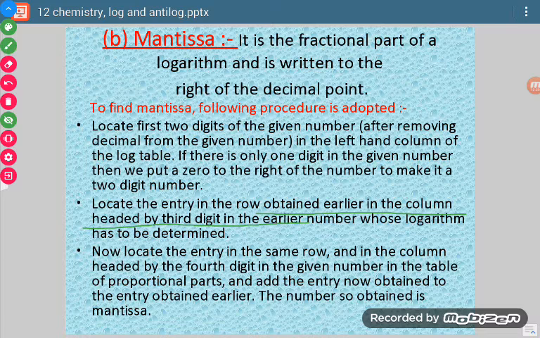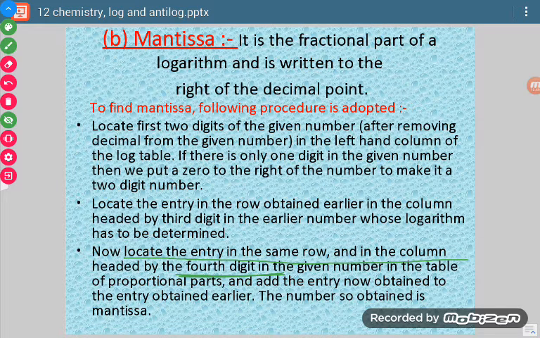What is the value written for the third digit? Okay, now when we have calculated this much, then we will again move ahead in the same horizontal row, and then we will find value for fourth digit.